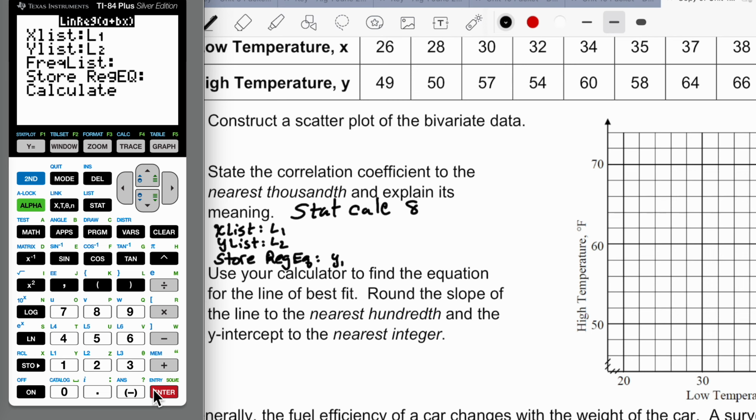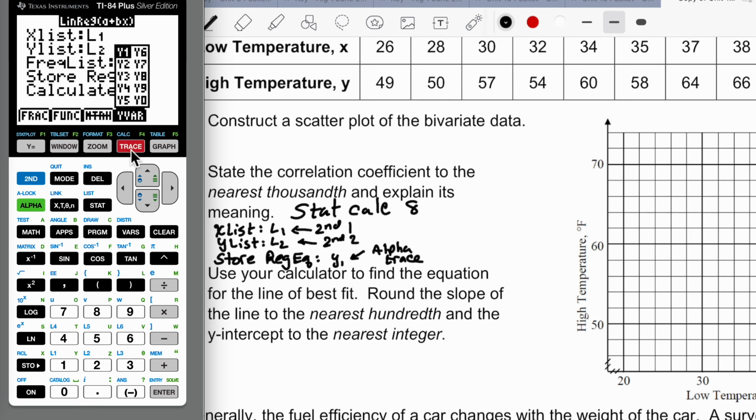So the L1, L2 you get by hitting second 1, second 2, and the Y1 you get by hitting alpha trace, and then Y1, all right? So L1, L2, then store regression equation, you hit alpha, trace, Y1.